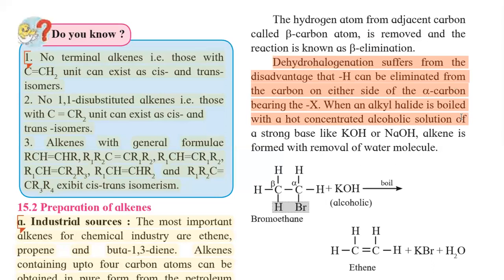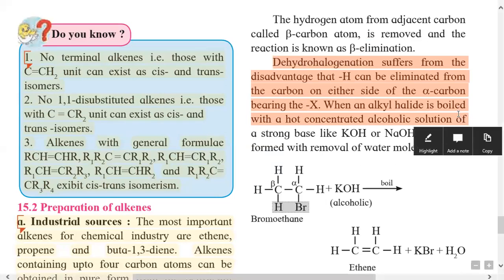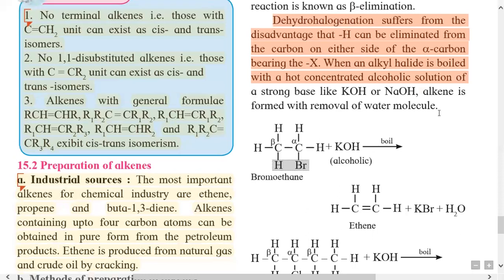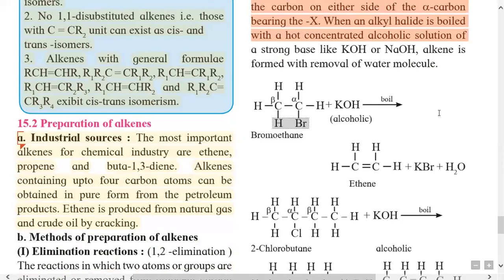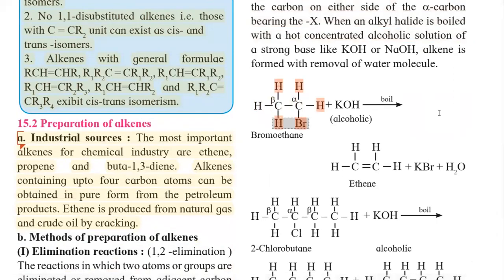Here, the removal of hydrogen and halogen takes place, but the side products obtained are alkali halide as well as water molecule, and the main product of this reaction is alkene. Here we will consider a very simple example. This is bromoethane containing bromine on the carbon.